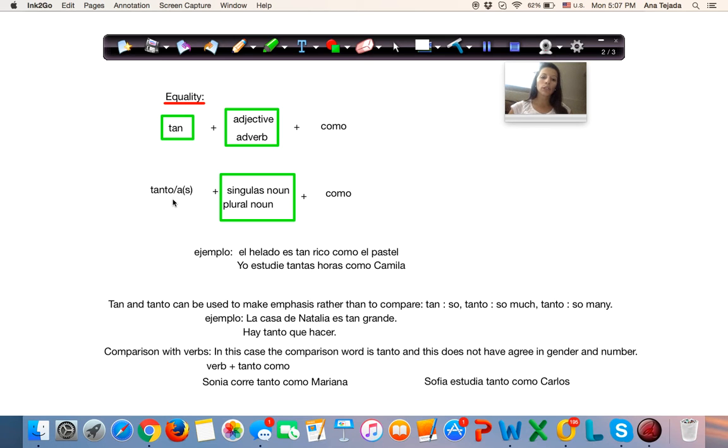If you have a plural noun, it's going to be tantos or tantas. Also, you have to agree in gender. If it's masculine, it can be tanto or tantos. If it's feminine, it can be tanta or tantas. Okay? It's going to follow this format: tanto, noun, como. Yo estudié tantas horas como Camila.